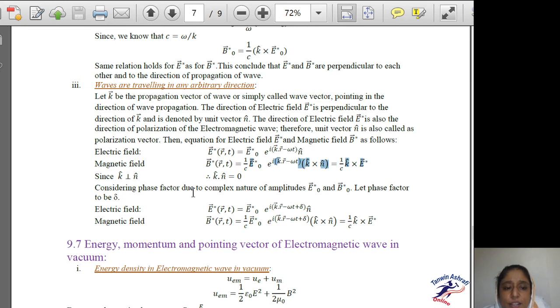Now consider the phase factor due to the complex nature of the amplitude. Let the phase factor be delta. Therefore, the same equation of electric field, but we add the phase factor in the exponential term as k dot r minus omega t plus delta. In a similar way, in the magnetic field we also add delta.